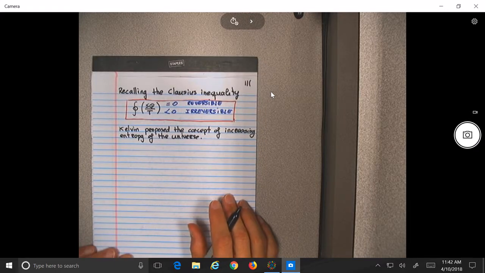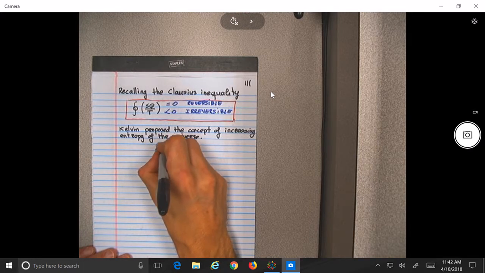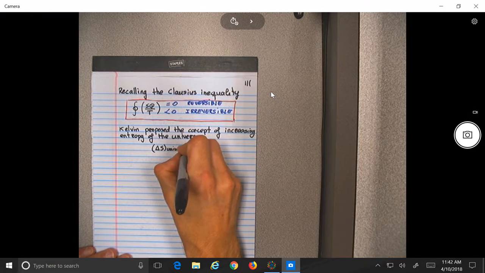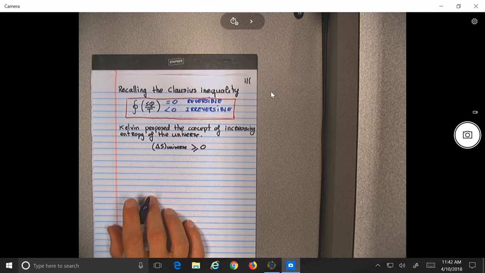Increase in entropy of the universe. So what does that mean? It means that the total entropy change is higher or equal than 0.